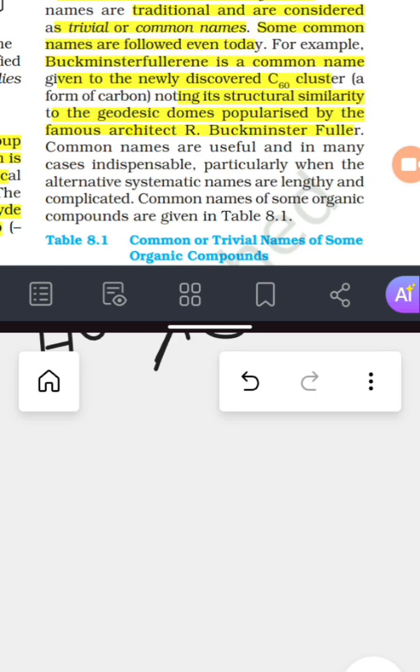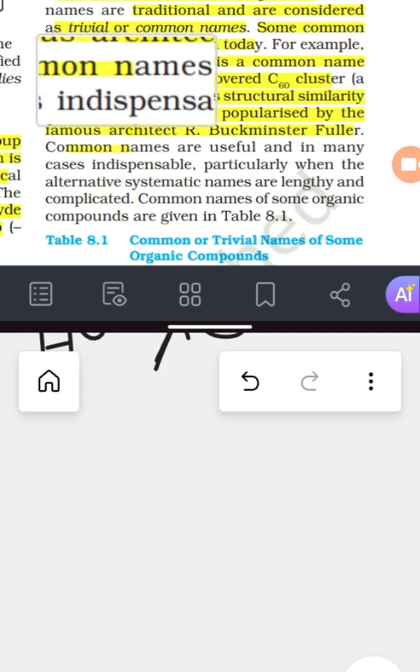He prepared a dome-like architecture that looks similar to this organic molecule, so the molecule is named after the architect, Buckminster Fuller.